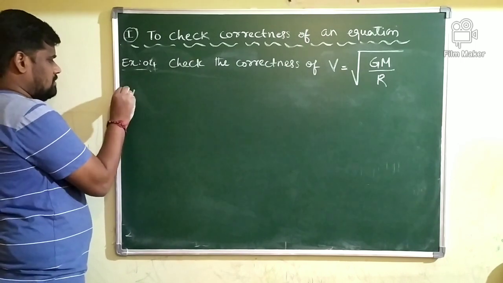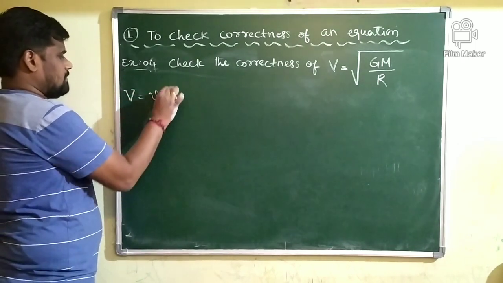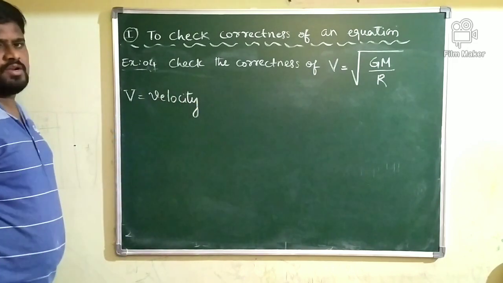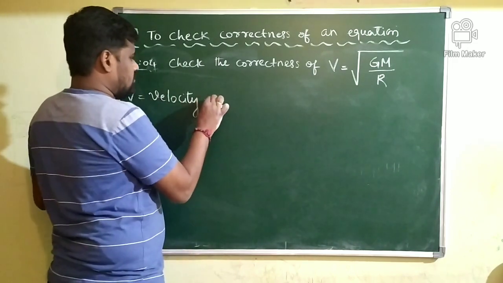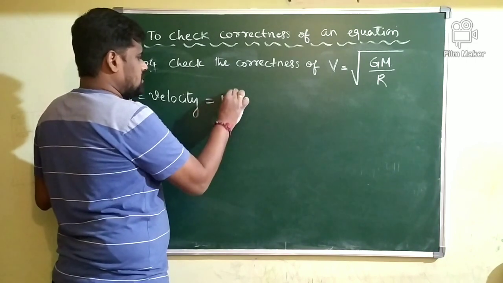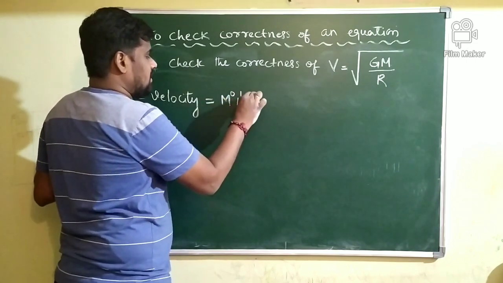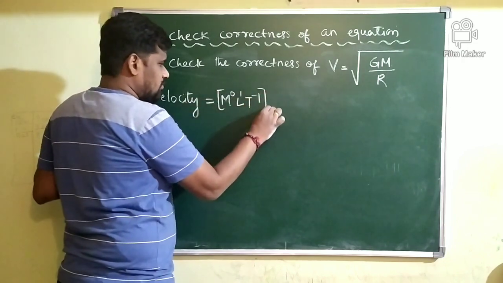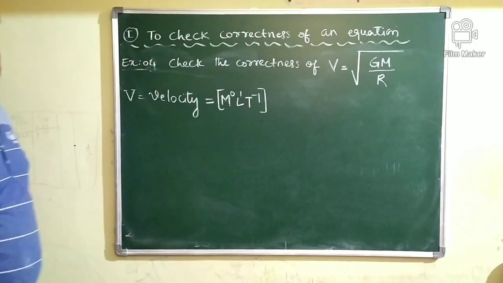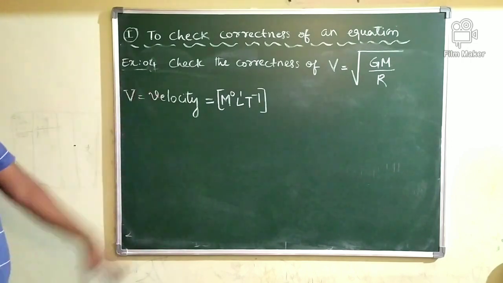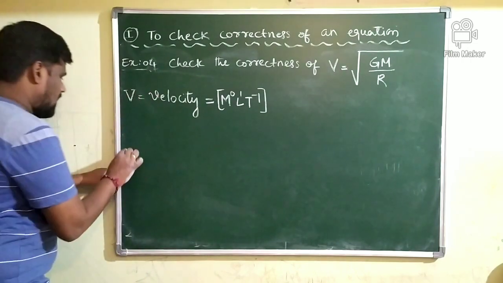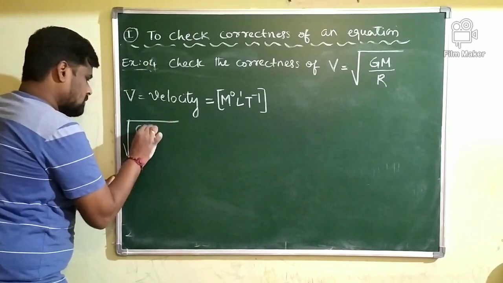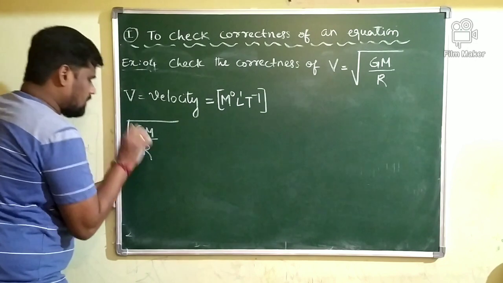Okay. V. What is V? It is velocity. What is the dimensional formula for velocity? The dimensional formula for velocity is given by m⁰ L¹ t⁻¹. This is the LHS of the equation. The RHS of the equation is under root of GM divided by r.